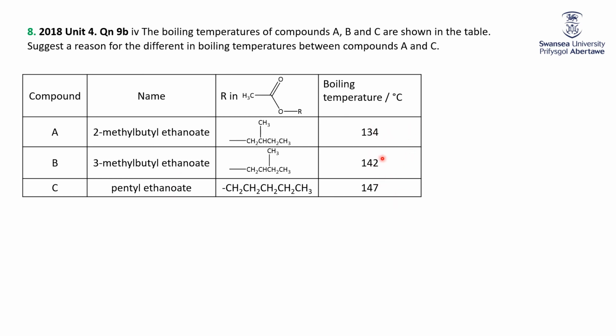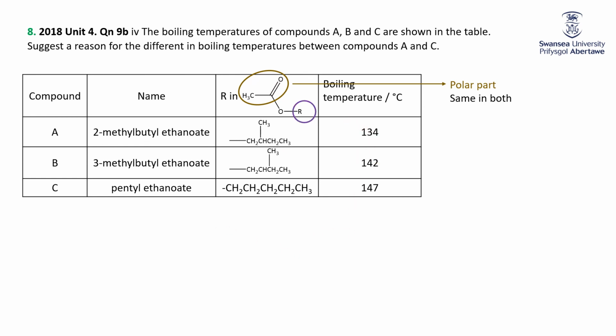Now, of course, different boiling temperatures arise because you have different intermolecular forces. If we look at all of these esters, we've got 2 distinct parts of the ester. You've got the ester group there, the methyl, and then there's a slightly negative oxygen there, and there's a slightly negative oxygen there. That's the polar part of the molecule, but that's the same in all of them. So that's not going to contribute to the differences in the boiling temperatures.